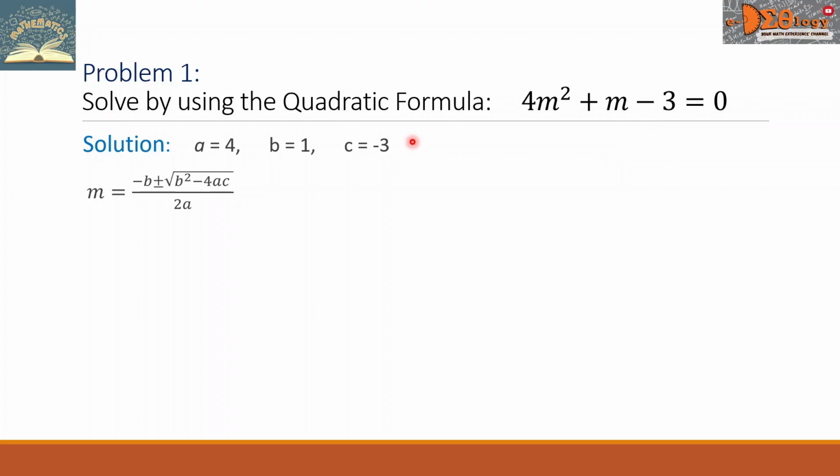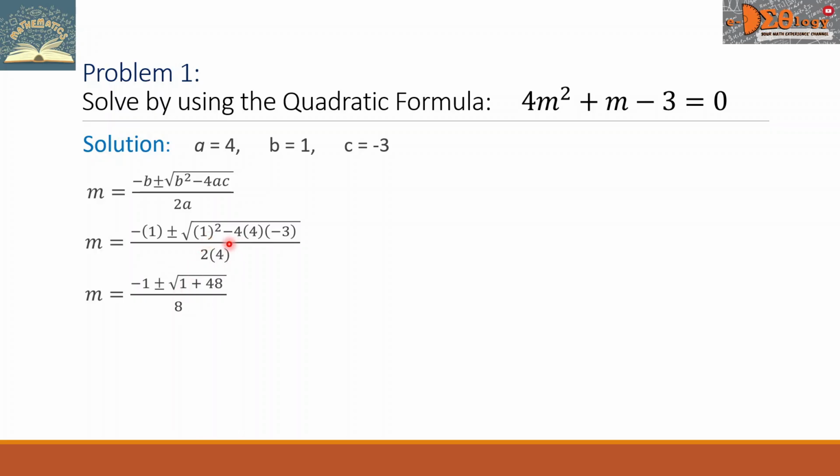Let us now substitute these values in the formula. So we have negative 1 plus or minus the square root of 1 square minus 4 times 4 times negative 3 all over 2 times 4. Then we simplify. This negative of 1, we write minus 1 plus or minus the square root. 1 square is 1.